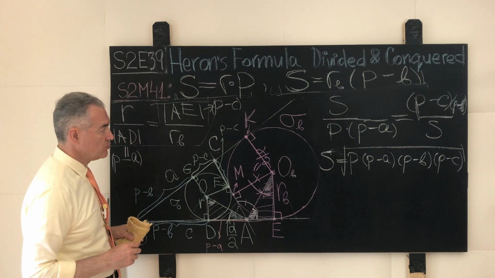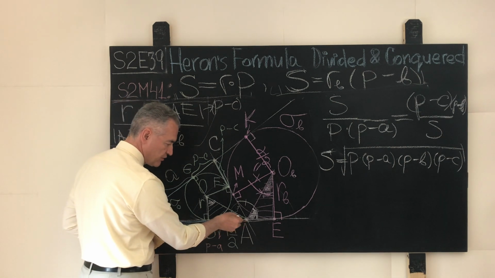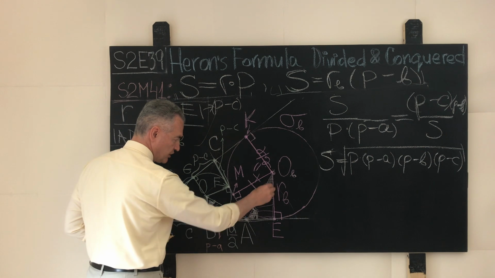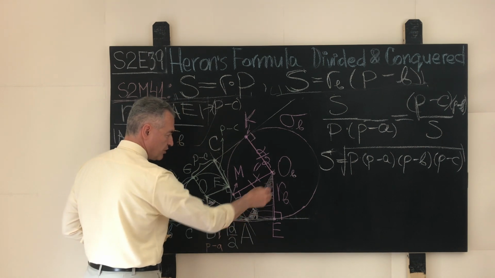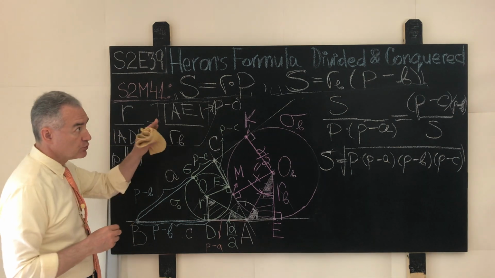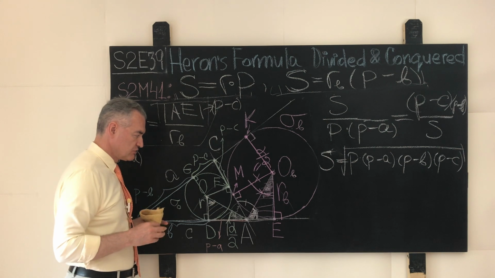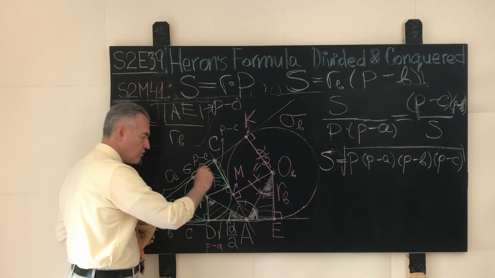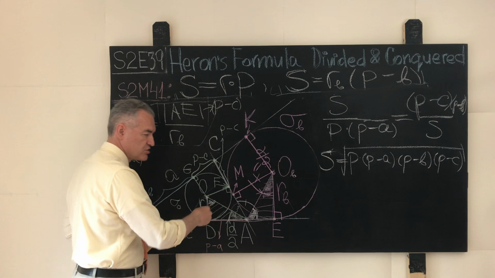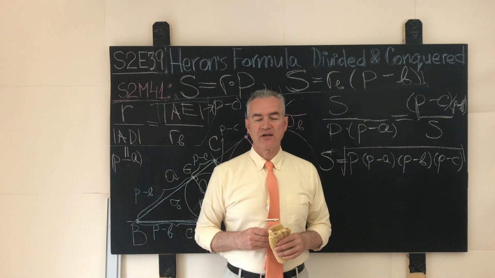And now that we generated that proof based on the equality of the magnitudes of these 2 angles over here, we will show you the second proof of Heron's formula that is also based on the divide and conquer problem solving approach, but which revolves strictly around the angles that are generated by the inscribed circle of a Euclidean triangle.